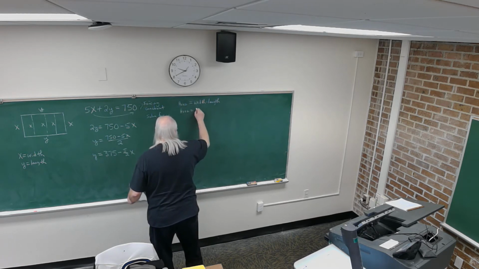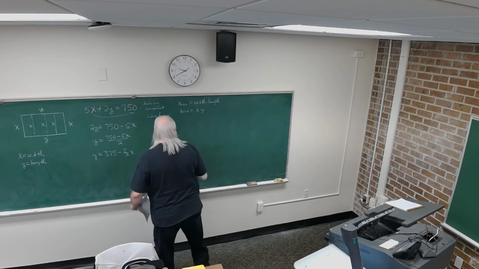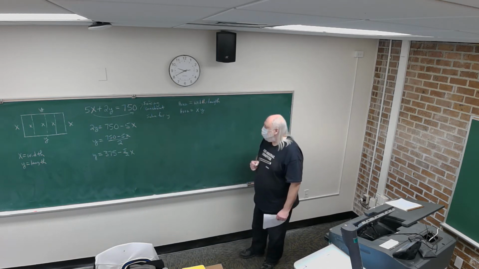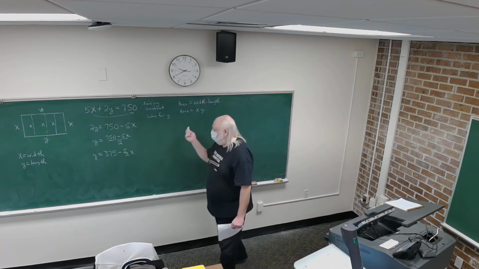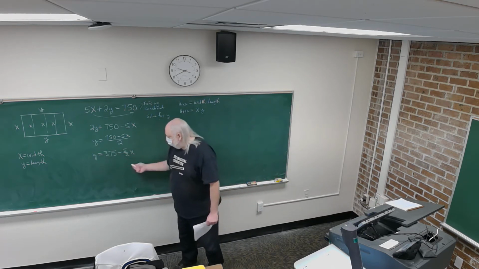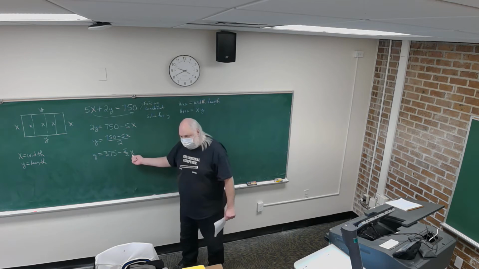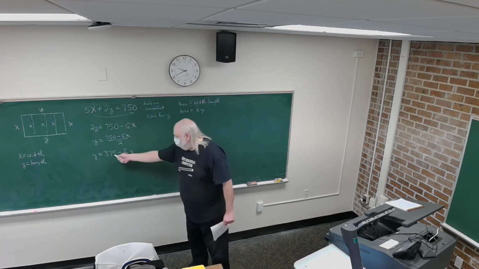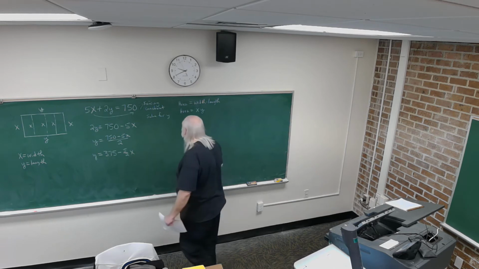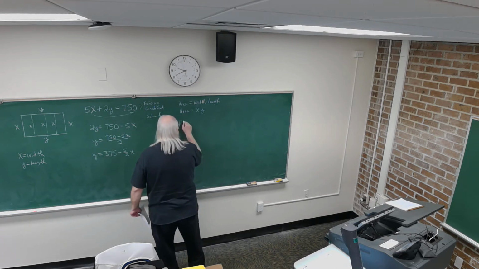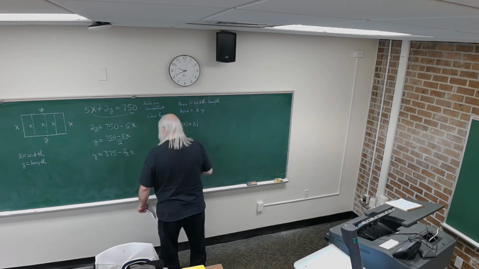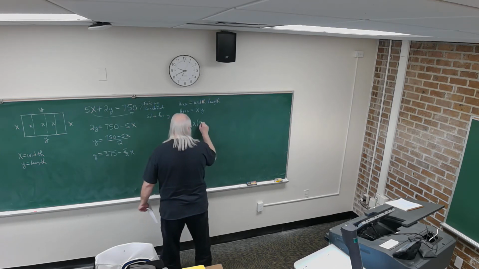Well, in this case, the width is represented by the variable x, and the length is represented by the variable y. But with the fencing constraint, we're able to write y as a function of x. So we can replace y over here with 375 minus 5 halves x. So when we do that, we have the area is now written as a function of x, the width.